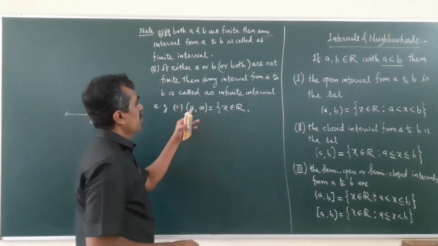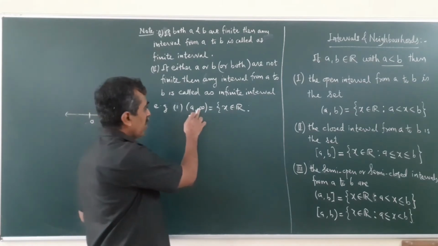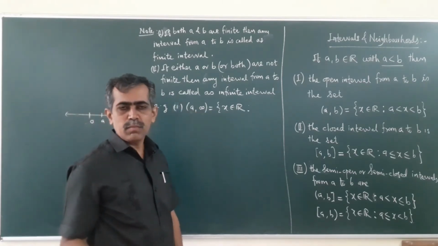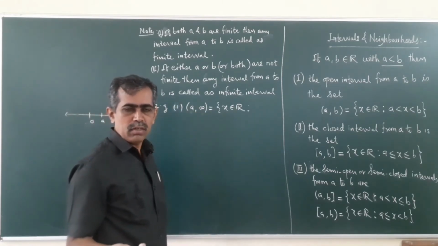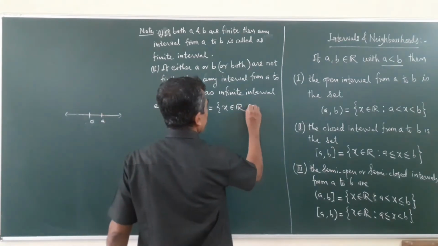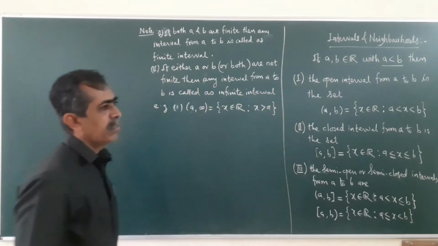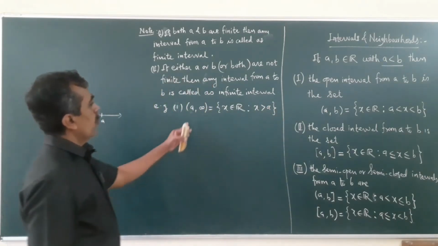So how do you write this? (A, infinity) is all those real numbers which are greater than A but less than infinity. Less than infinity because infinity does not stand for any real number, it is just a notation used to indicate a very, very large number. So you simply write this as x greater than A. And what about [A, infinity)?